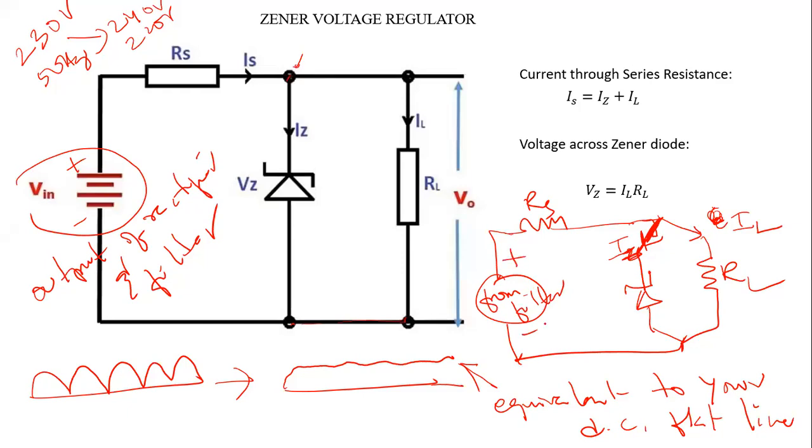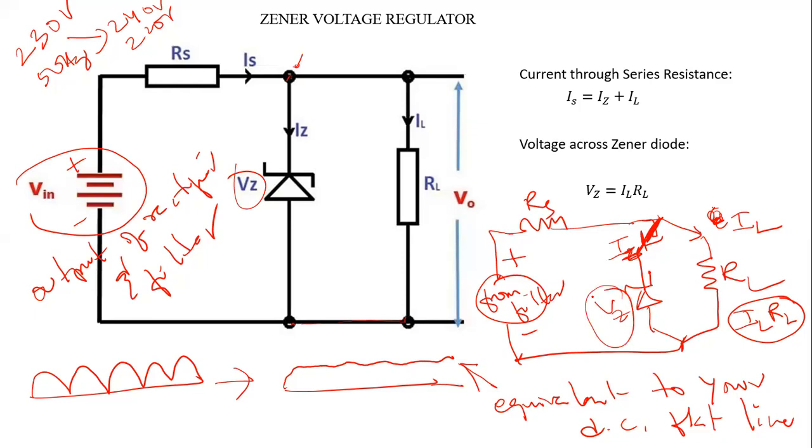Now if you look at this, the voltage appearing across the Zener diode is VZ. The voltage that appears across the load resistance RL is the current IL into RL. The voltage across the Zener diode is VZ under breakdown condition.